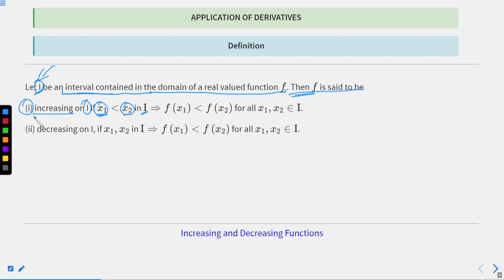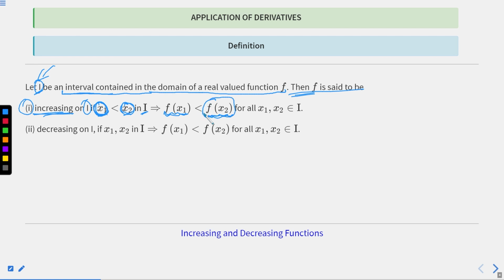Simple. If the function is increasing, this means that the lesser value will give me the lesser output, and the greater value will give me the greater output. This is what is given here. If the function is increasing, the value x1 which is less will give an output that is also less than the output for x2. As x2 is greater than x1, the output for x2 is also going to be greater.